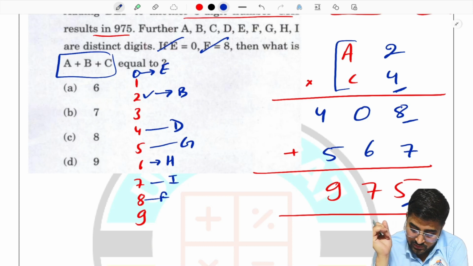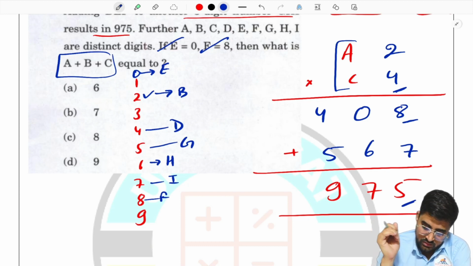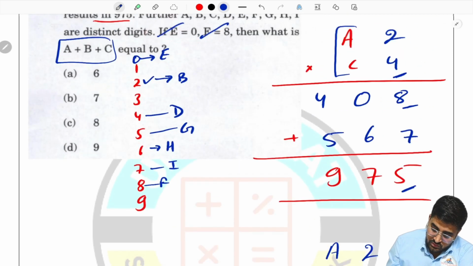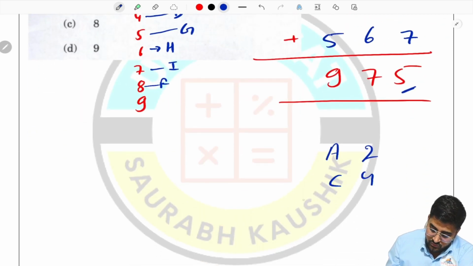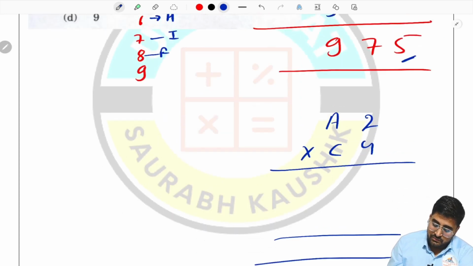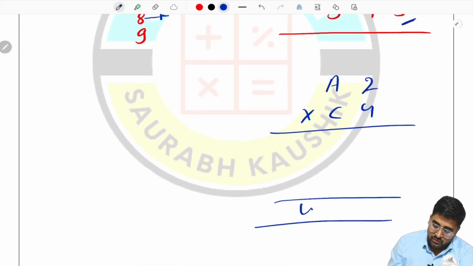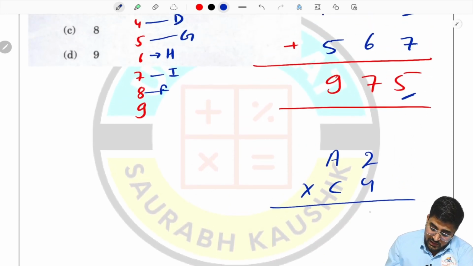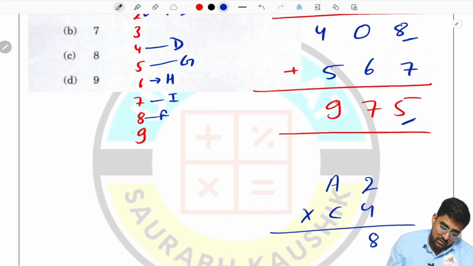Please listen to me carefully. Let's solve it here: A2 and C4. We are going to multiply this, and the sum that comes here is 4, not 8.